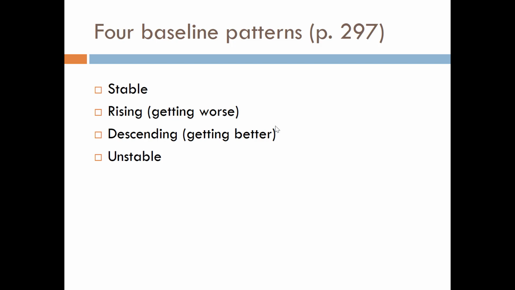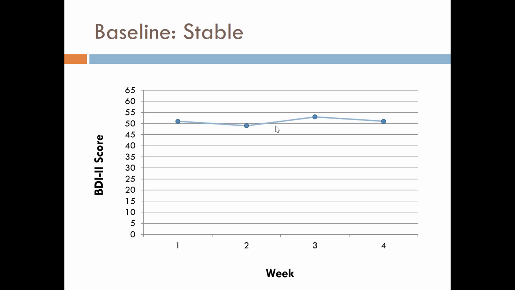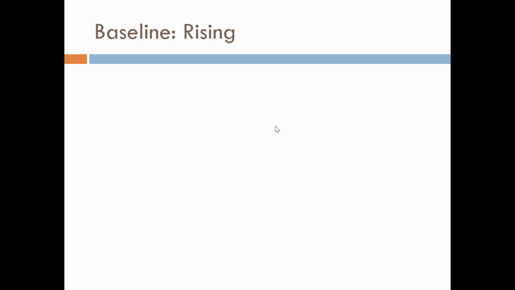Let's look at how this would look in graph form. If we have a baseline period, before treatment, and it's stable, it would look something like this. The client is depressed, and over the course of those 3 or 4 weeks, their depression level is about the same, which makes sense because they're not getting help.